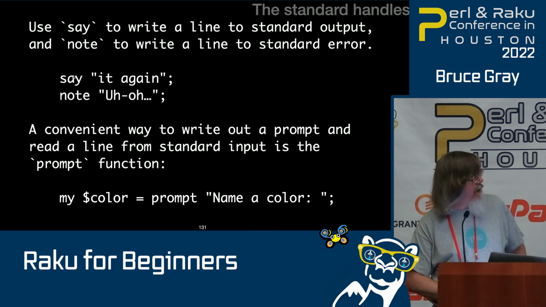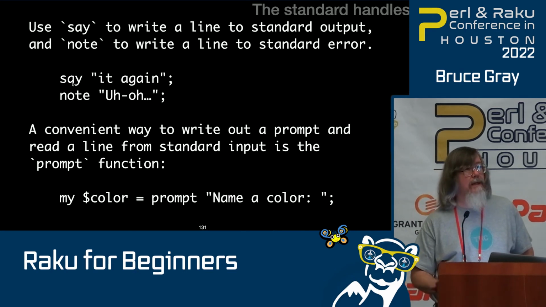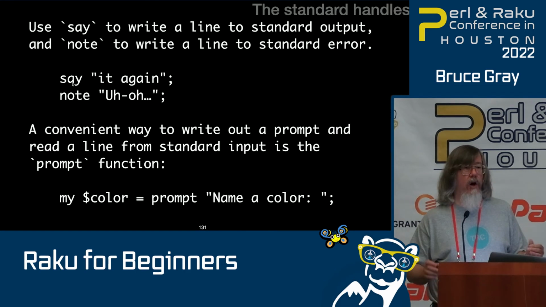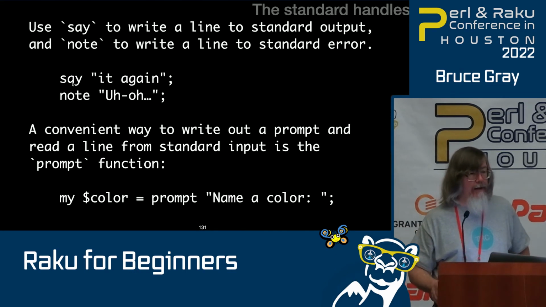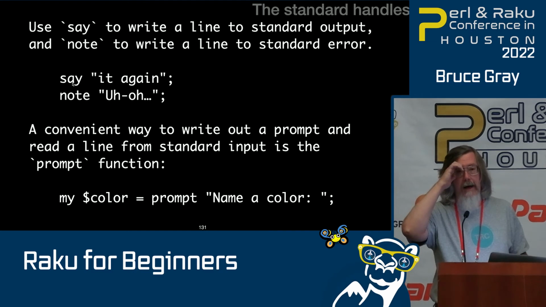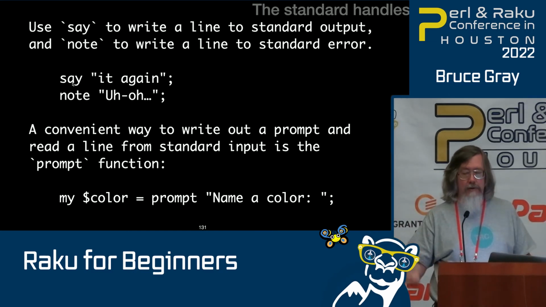You will run into occasionally say versus put. Say, if what it's trying to say is not already a string, it will try to call a method called gist on it. Like, what's the gist of the argument? And that method call is supposed to return something that is humanly understandable.